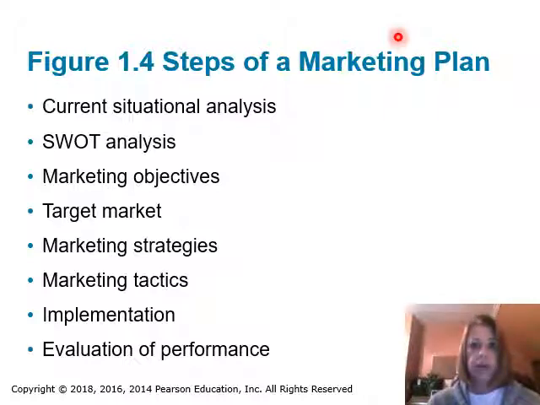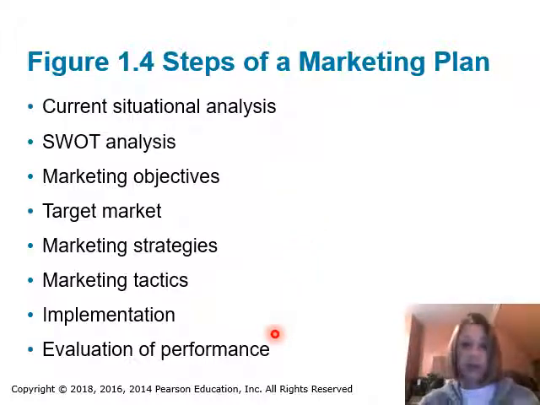IMC will be a part of the overall marketing strategy to reach customers, and it will also be a part of the tactics, which are the parts for achieving the objectives and carrying out the strategies. It's kind of the day-to-day little things that you're doing. Implementation and evaluation concludes the marketing plan planning process, and that is when we find out if we were successful, if we've met those objectives, or if there are things that we need to fix to improve.